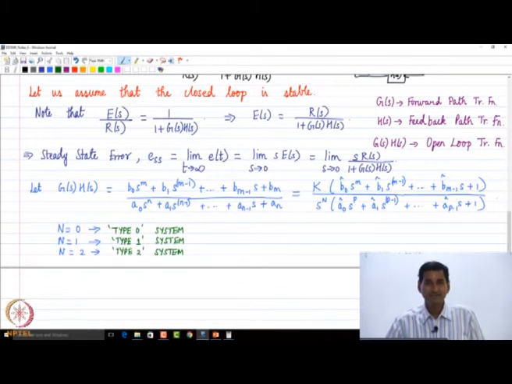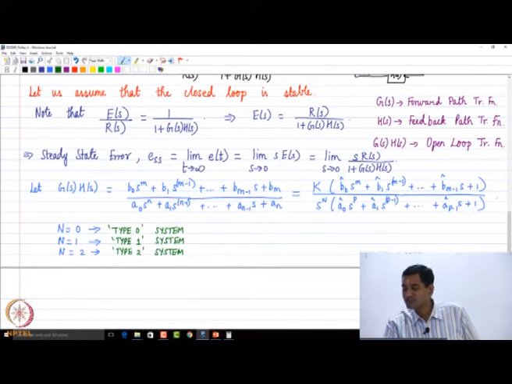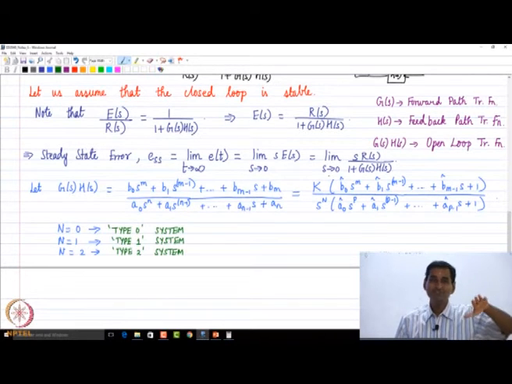I am just writing in a general form. You will see why: in the two polynomials, when I substitute s equals 0, which is where I would use my final value theorem, I want to end up with just 1 and 1. Consequently I am putting whatever ratio comes out as capital K outside.